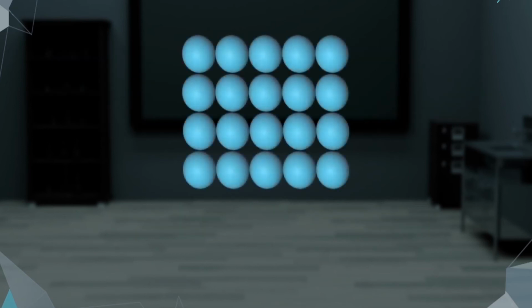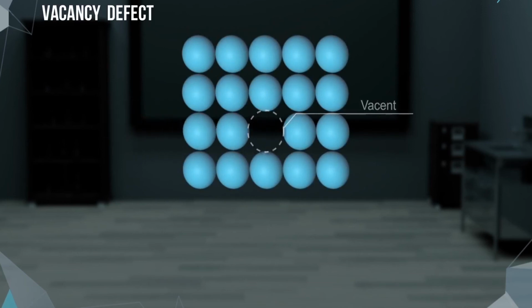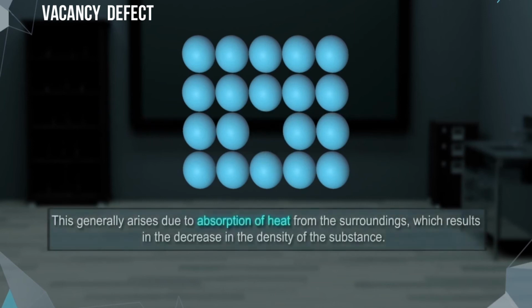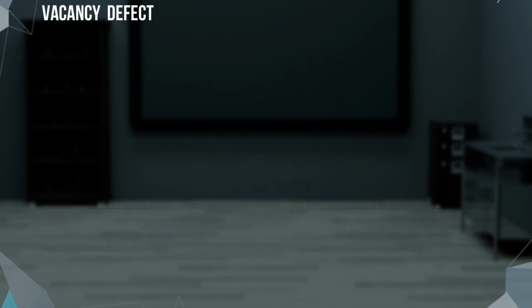Vacancy defect. In a crystalline lattice, when some of the lattice sites are vacant, the crystal is said to have a vacancy defect. This generally arises due to absorption of heat from the surroundings, which results in a decrease in the density of the solid.